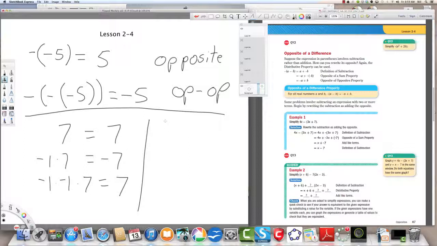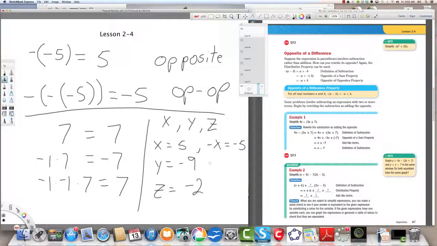Let's say I have some variables, x, y, and z. If x equals 5 and y equals -9 and z equals -2, then the opposite of x is equal to a negative 5.